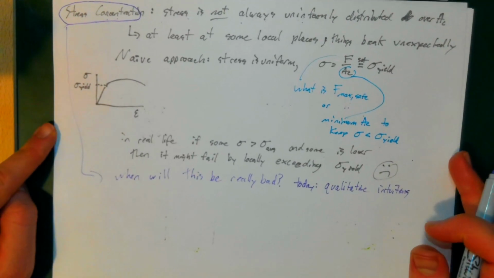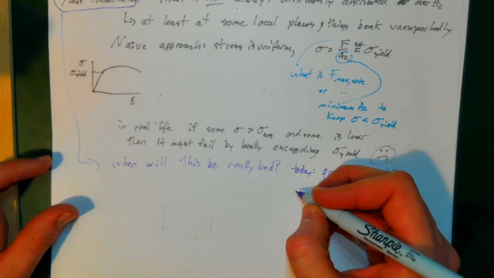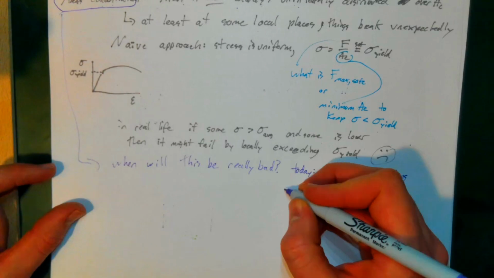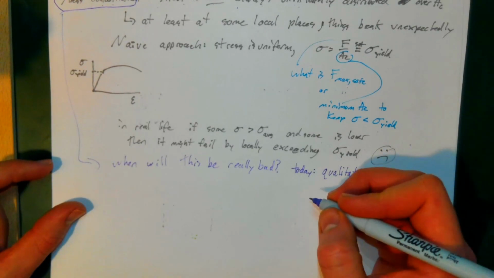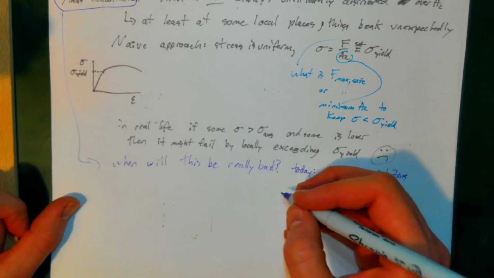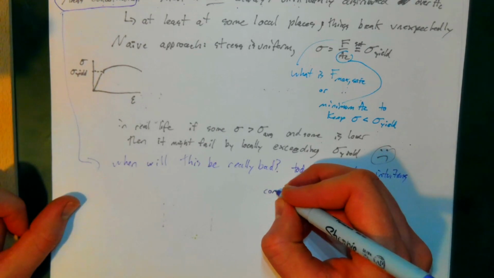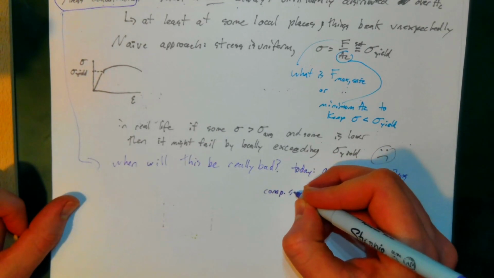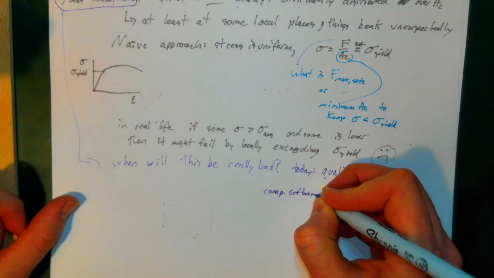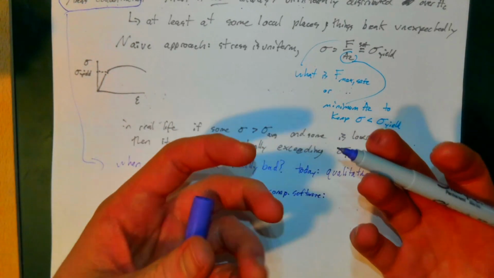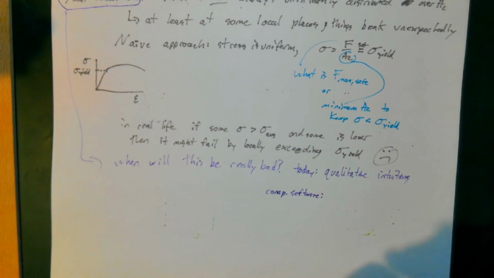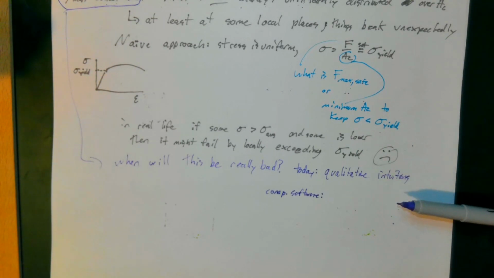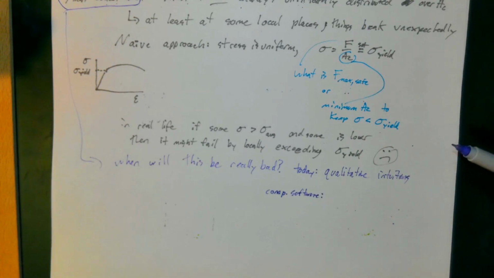And outside of the scope of this class, you can use computer software to develop quantitative predictions. For example, you might have heard of finite element analysis, with software like ANSYS or SolidWorks or Abaqus or something like that.